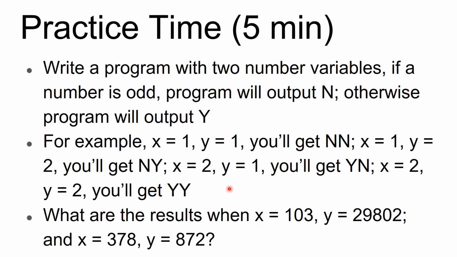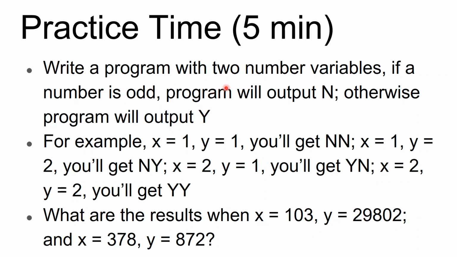Please write a program with two number variables, and if a number is odd, the program will output n, and otherwise, that means the number is even, the program will output y.